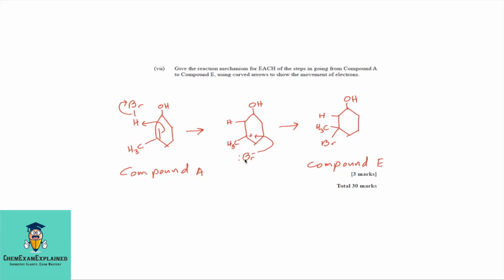So now we form Br minus, which is a nucleophile. While this part is bonding to the H, the Br broke off, forming this nucleophile. This is going to attack the carbocation here, which is the stable carbon, and this one will form the Br, and we now have our compound E.